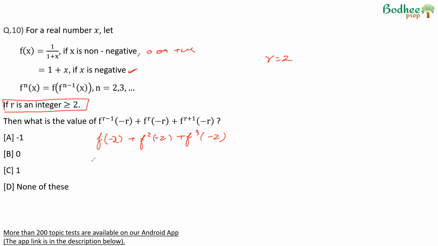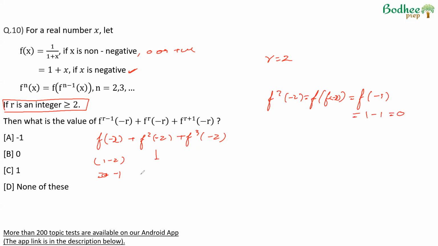Now f(-2) will be 1 plus x, which is 1 minus 2, which is minus 1. f_2(-2) will be f of f(-2), and f(-2) is minus 1. So f(-1) will come out to 1 minus 1, which will be 0.